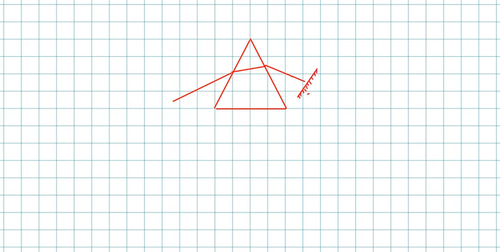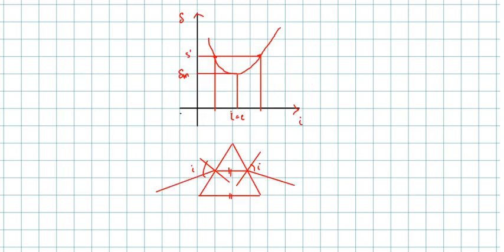This ray will retrace its path backward. So, in this case also its angular deviation will again be delta only, correct. That is why for every angle of incidence, this is i, this is e, or vice versa, there will be one angle of deviation.